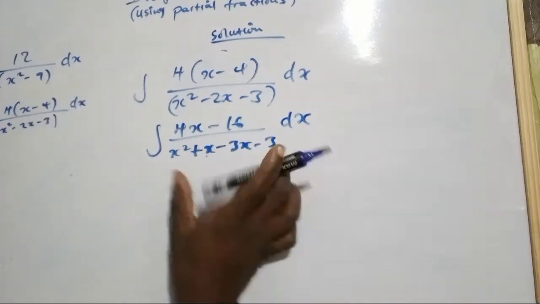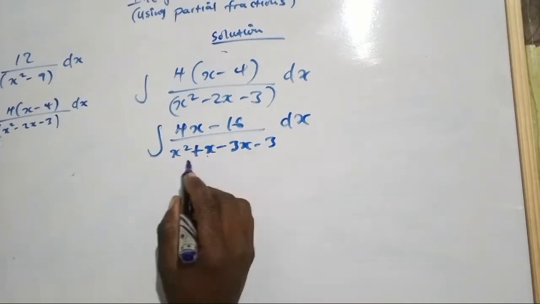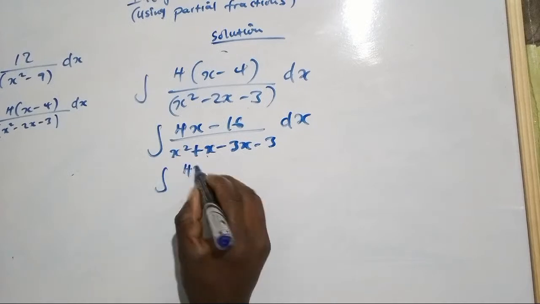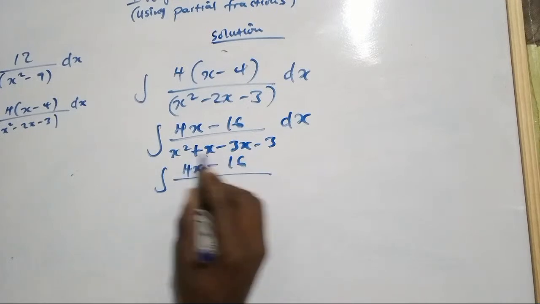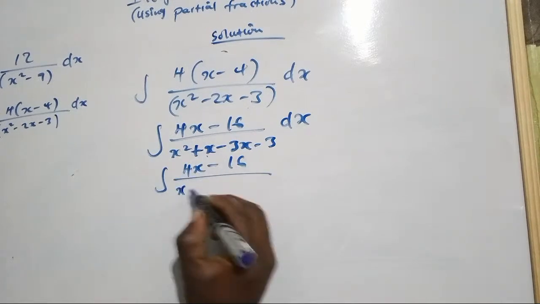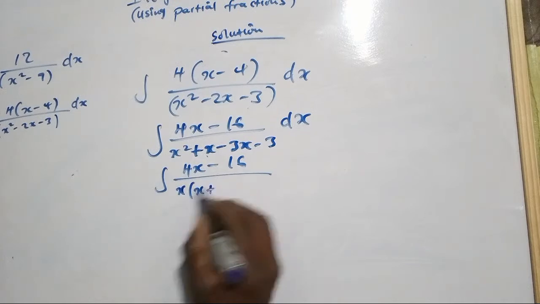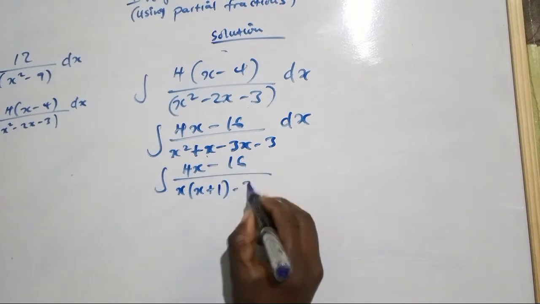So here you're going to look for a common term. You're going to factor out now. It will be the integral of 4x minus 16 over, when you factor out what is common, it is x outside, then x times x is x squared, plus x times 1. Then here what is common is minus 3.